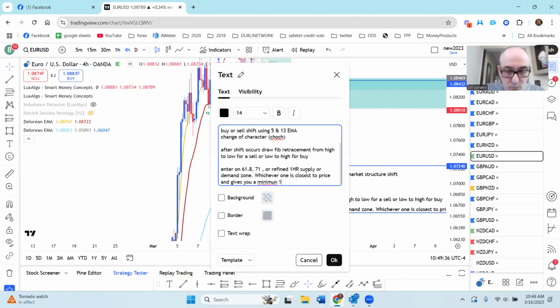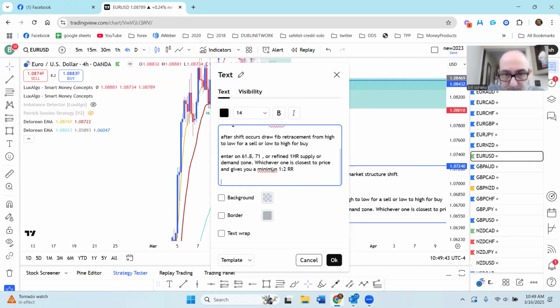Minimum 1 to 2 risk to reward. Okay, that's basically minimum. I don't know if I could spell minimum, guys.